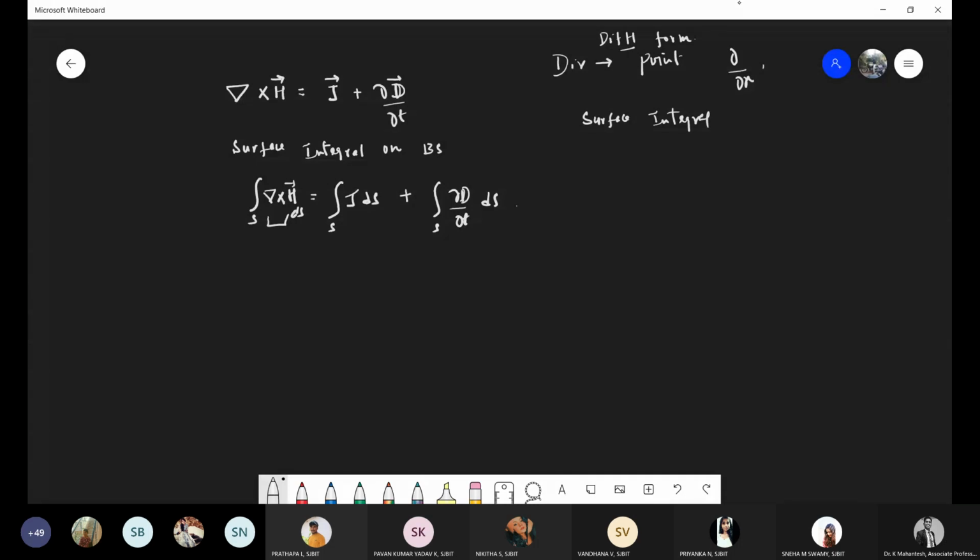Surface integral of curl of any given vector is equal to the line integral of that vector.